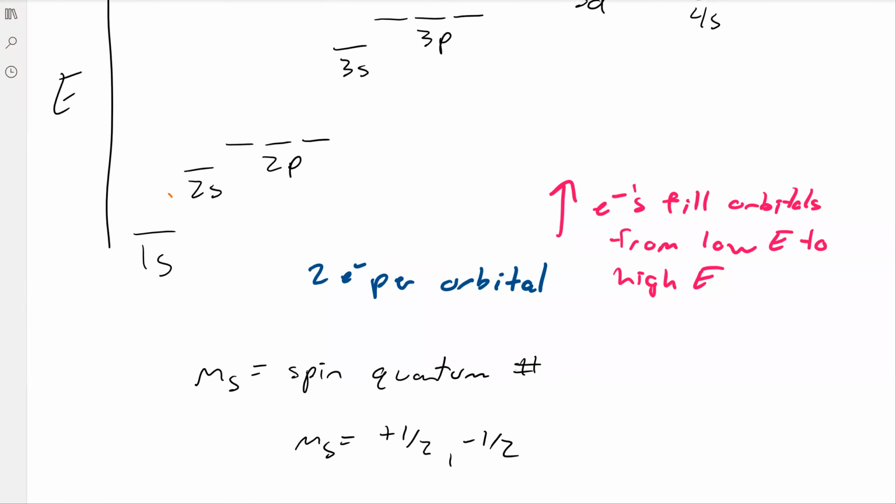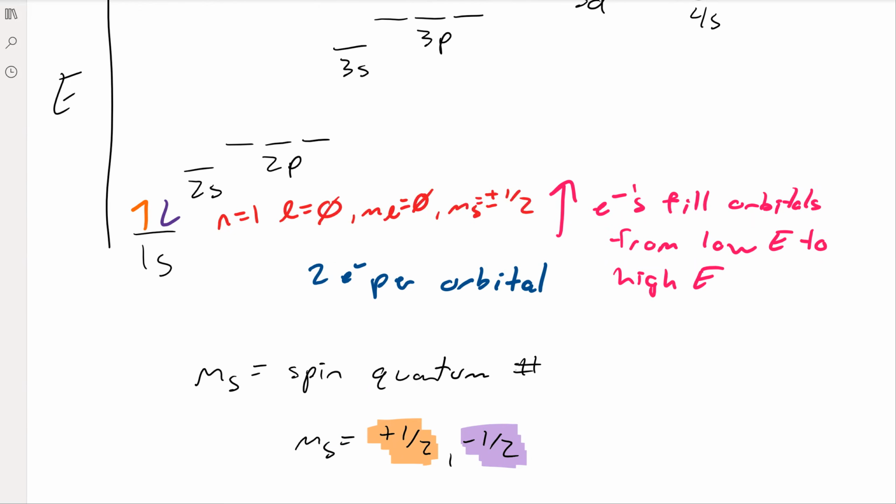The way that we draw our electrons in our orbitals is we draw them as half hook arrows. Sometimes you'll see them as full hook arrows, but I like to do half hook. So we'll put one of them as spin up. That corresponds to m sub s being positive 1/2. And then the other spin down, that corresponds to m sub s being negative 1/2. So if we think about the address of one of these electrons, your n is going to be equal to 1, your L is going to be equal to 0, your m sub L is also going to be equal to 0, and then your m sub s is either going to be positive or negative 1/2, depending on which one you're talking about.